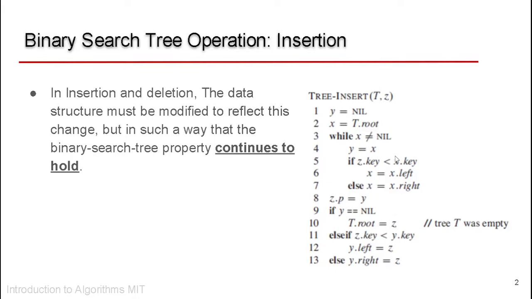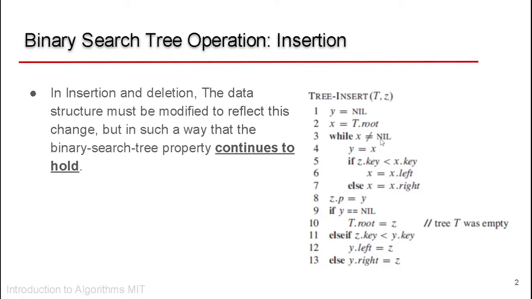If it's smaller, that means we should go to the left. Currently we are pointing to the root with X, so we go to the left of the root, or if it is larger, we go to the right. Exactly. So we stay iterating until we reach x equal to null.